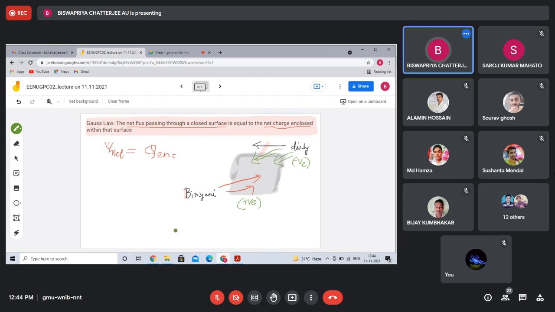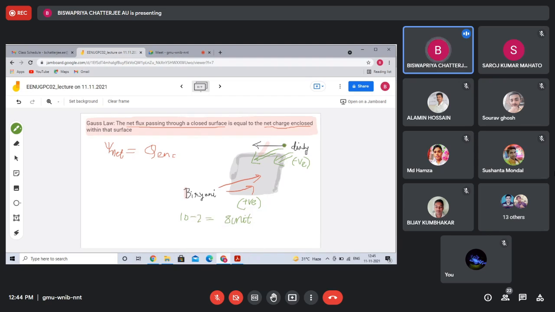So net flux is, you can observe, sitting in your home room, some biryani flux, maybe 10 units, minus some dirty flux, let us say 2. So net, you are observing 8 units of good flux, or 8 units of good fragrance.